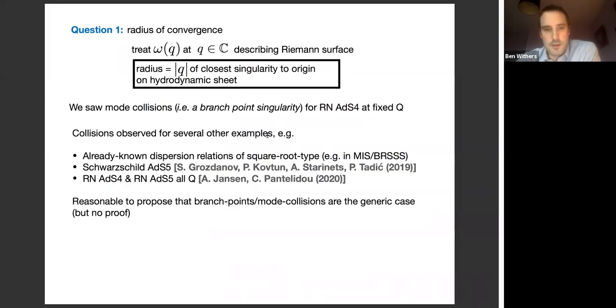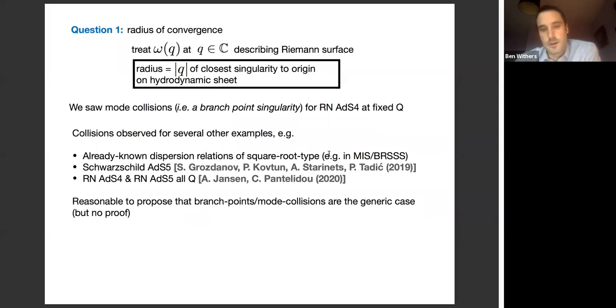And there have been several other examples. The cleanest one you can do is probably the Müller-Israel-Stewart or BDNK constructions, which are toy microscopic models that include a hydrodynamic sector as well as a transient non-hydrodynamic quasi-normal mode. Those dispersion relations are already known and they have a square root in them.